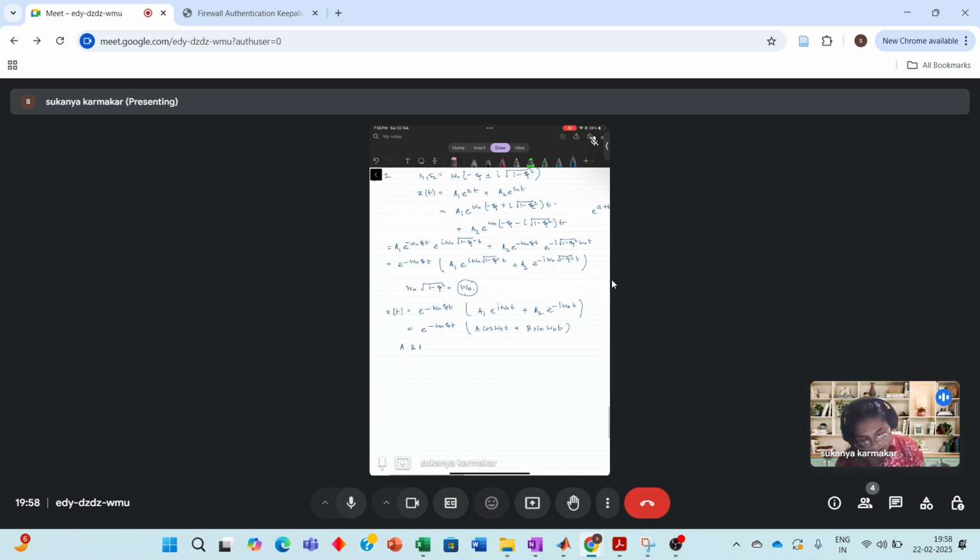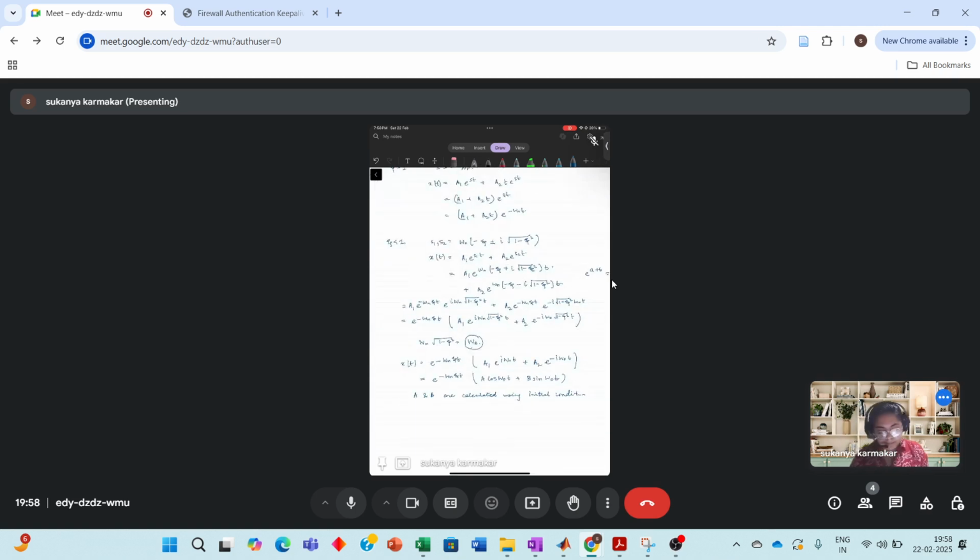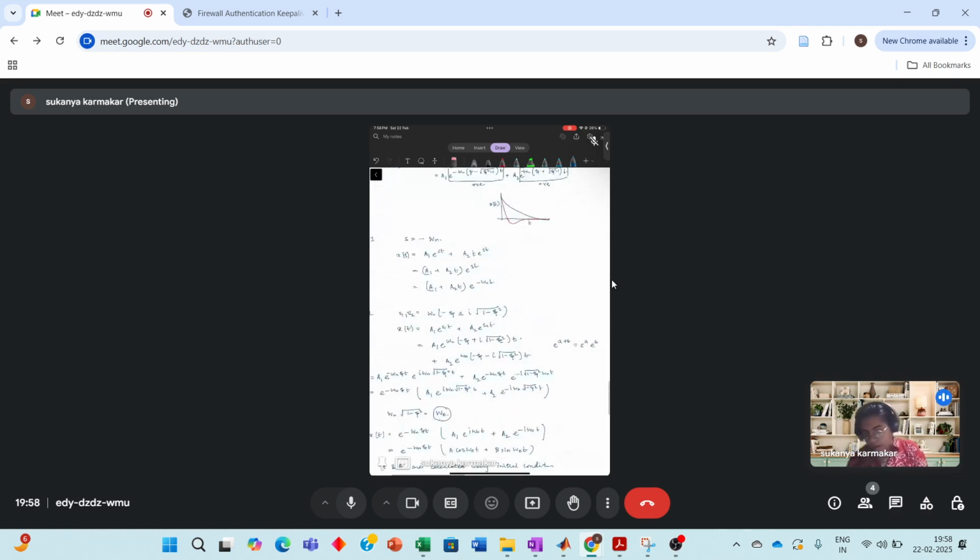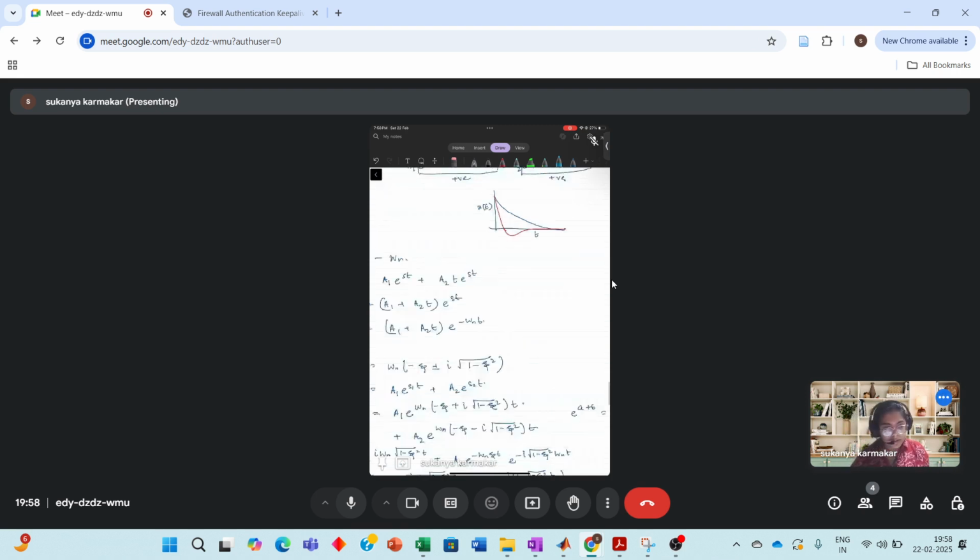So a and b are calculated using initial conditions. Now, if I plot it here, in a very schematic sense, it will come down and oscillate and then come back to this position.